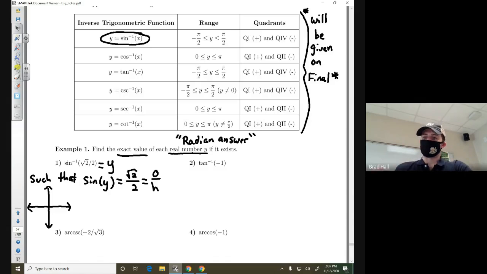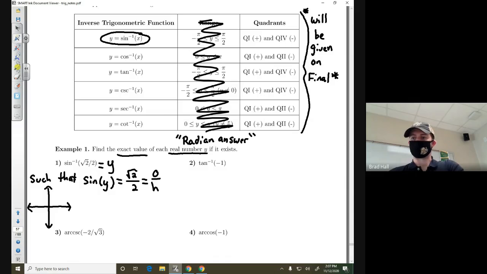Really, the range is less important, because it's simplified very nicely under quadrants. It says if the input of the inverse is positive, we're going to use quadrant 1, and if it's negative, we're going to use quadrant 4. Well, square root of 2 over 2 is positive. So this tells us we will be triangulating in quadrant 1.